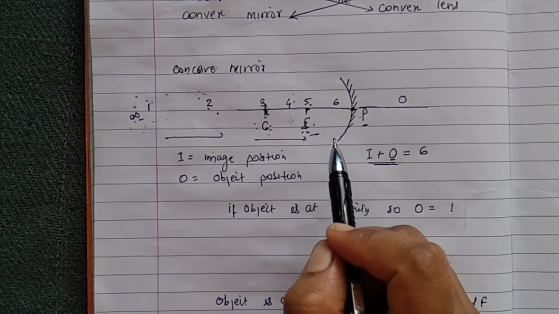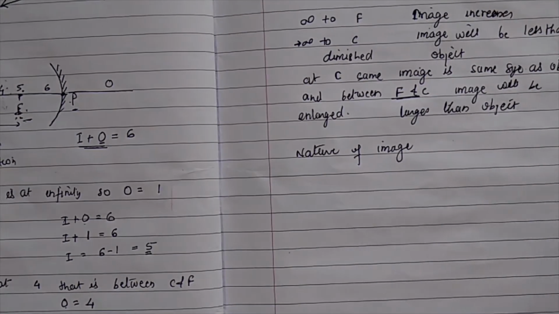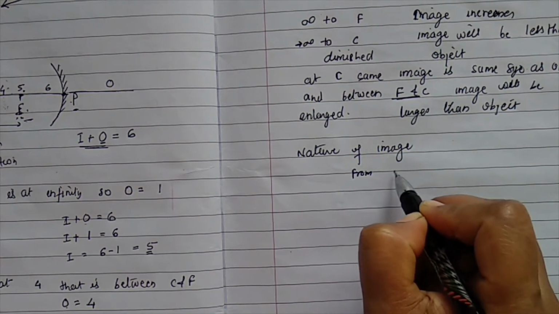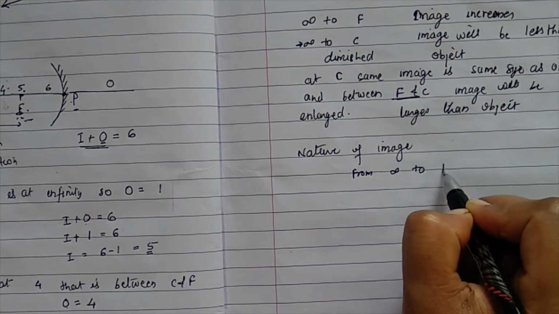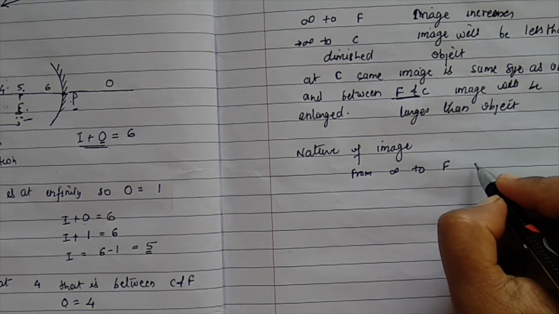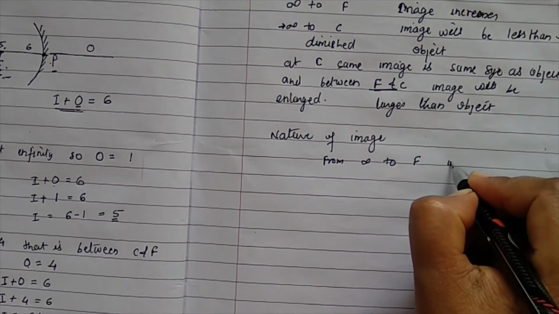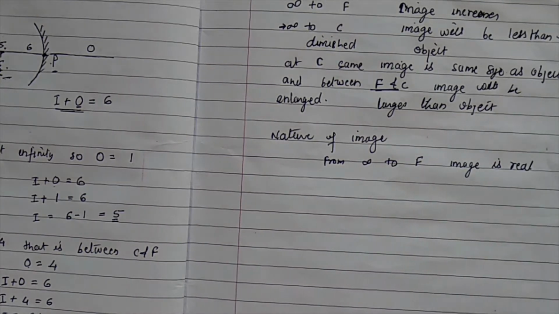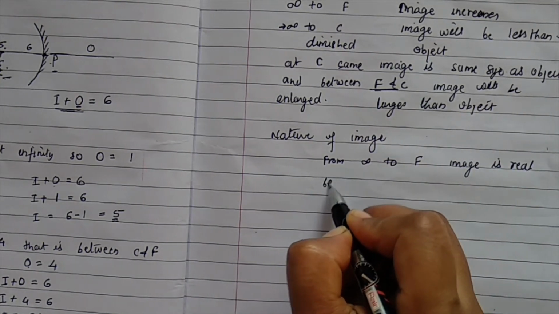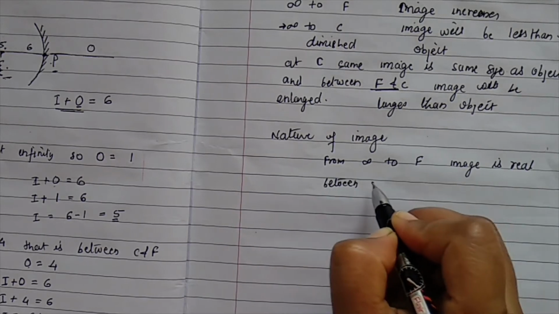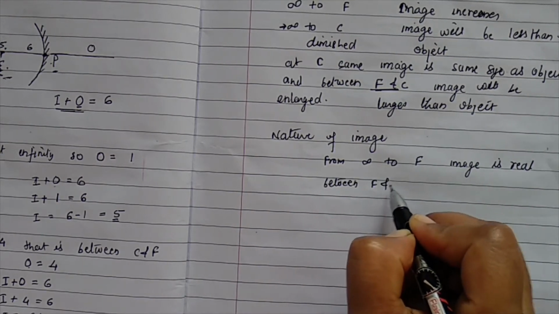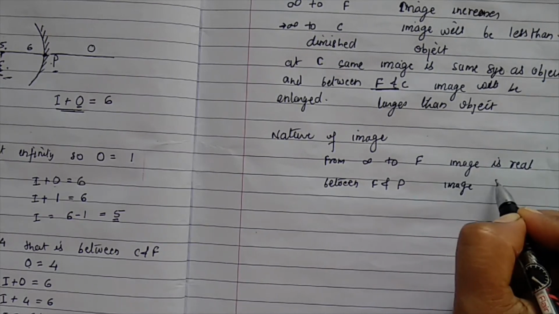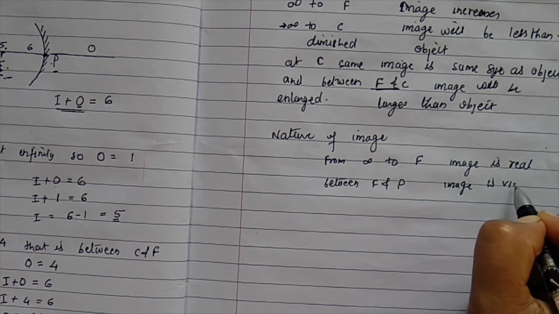So let's see that in the summary. From infinity to focus, the image is real. Between F and pole, the image will be virtual.